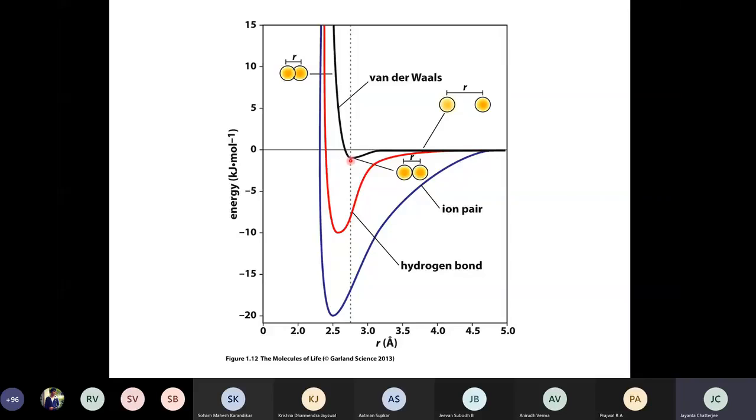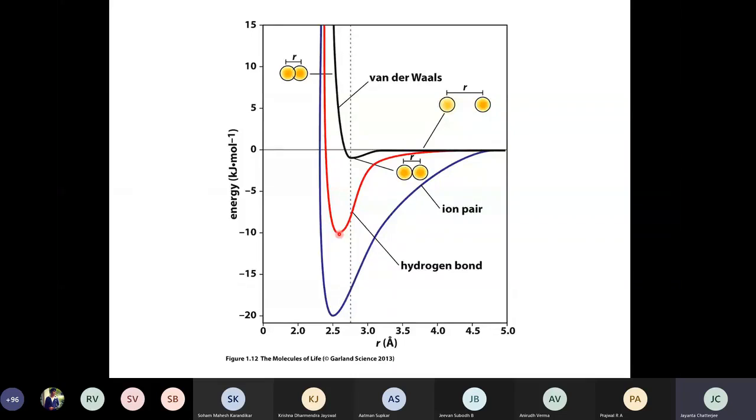The energy is very low, around 1 kilojoule per mole, maybe around 2.24, 2.25 kcal per mole or something. Now, the electrostatic interactions are a lot stronger, in the range of about 20 kilojoules per mole. If you're talking about hydrogen bonds, it also depends upon the groups involved, the geometry of the hydrogen bond, and the access of water molecules.